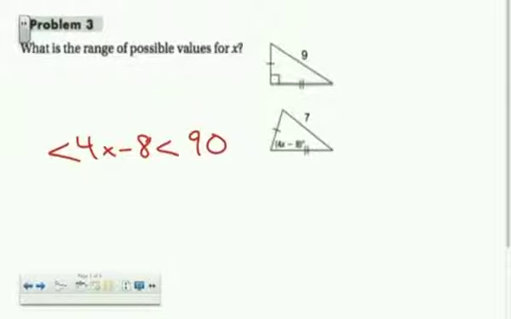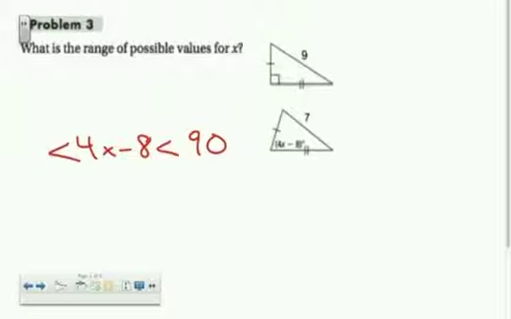I need a number here. Hold on. We are going to solve the inequality.